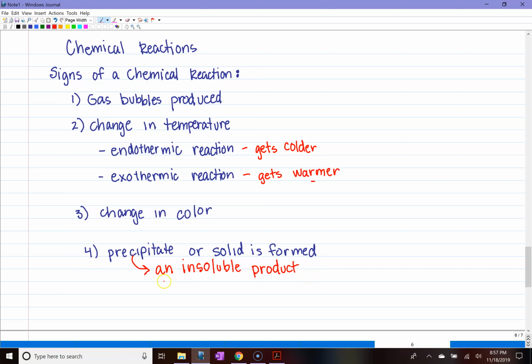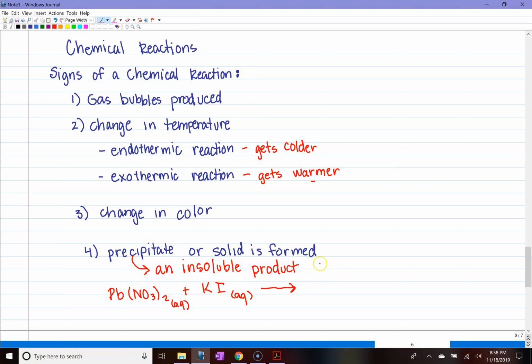In that last example, where the bright yellow precipitate was formed, we had lead 2 nitrate and potassium iodide. These are both what we consider aqueous. Aqueous means simply that it's able to dissolve in water.